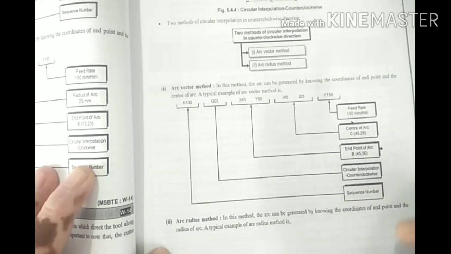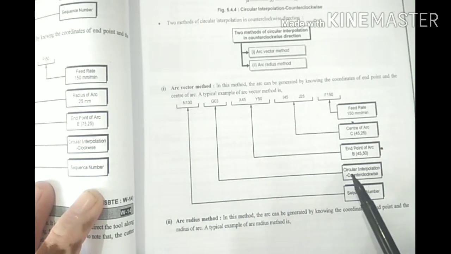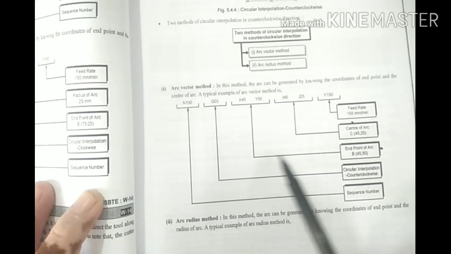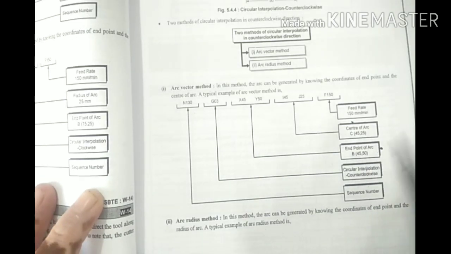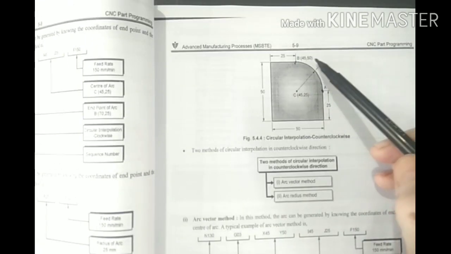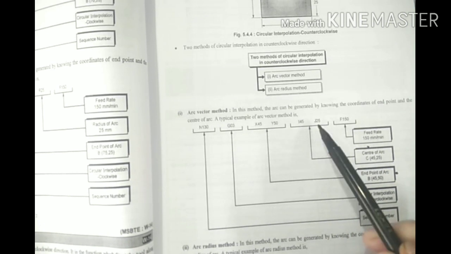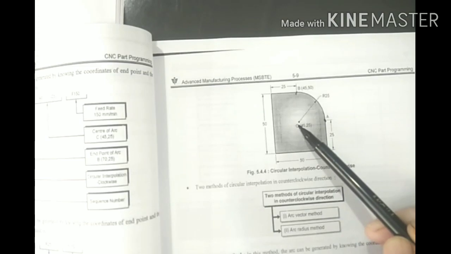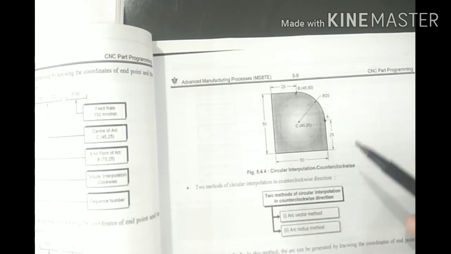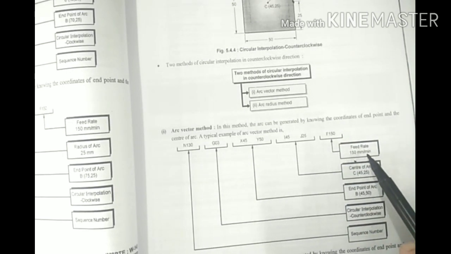So in the arc vector method, N130, that is the sequence number, G03 is circular interpolation counterclockwise, X45 Y45 that is the end point of arc, means at point B 45, 50, and I45 J25 center of the arc, 45 and 25 is the center of the arc C, and feed rate F150 millimeter per minute.